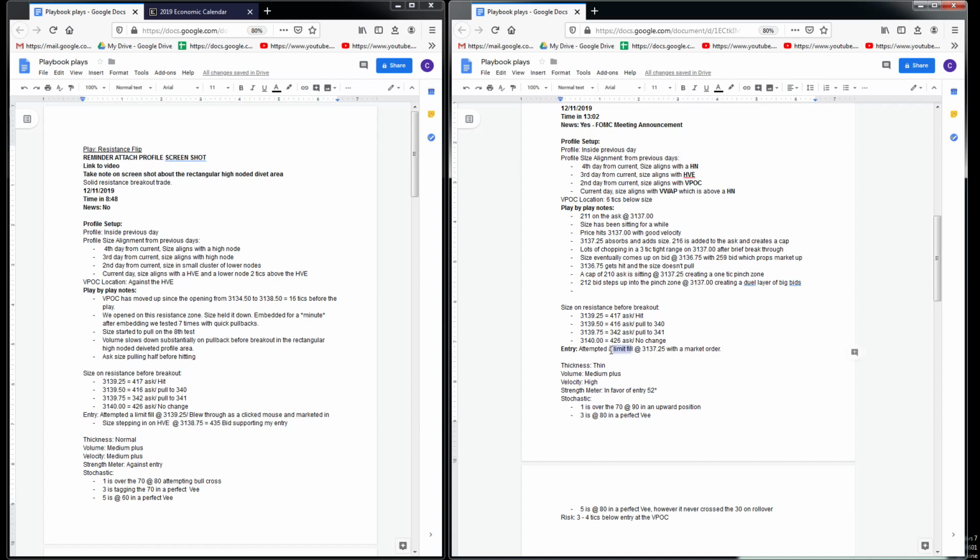Attempted a market order at 3137.25, hitting into the size, to the large size. 3137 even gets cleared out.